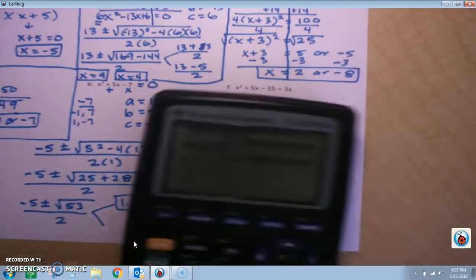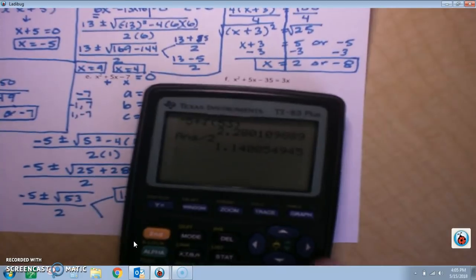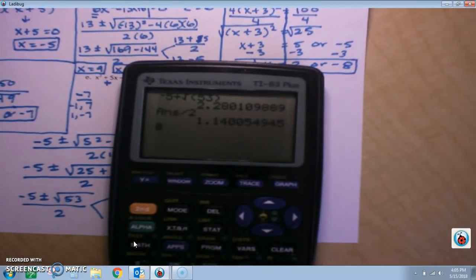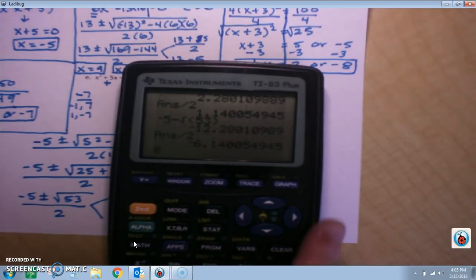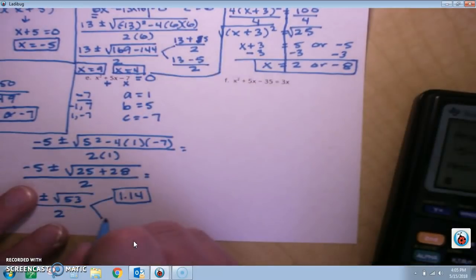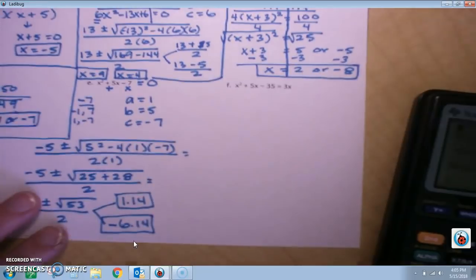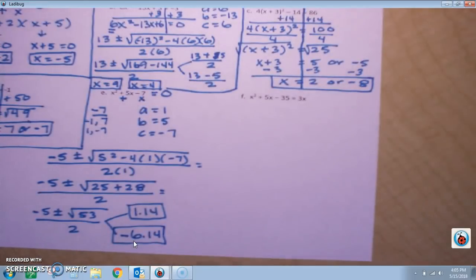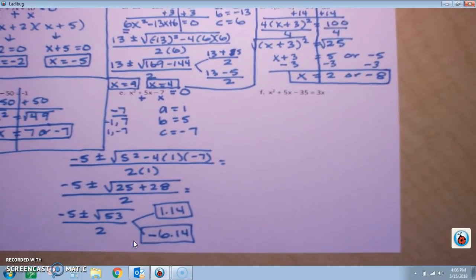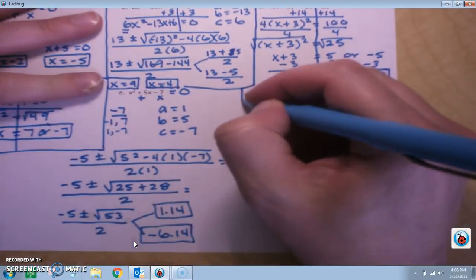And then the other one I would do, negative 5 minus the square root of 53 equals, and then divide that by 2 as well. So negative 6.14 would be my other answer. That was a good example of why the quadratic formula was a better option, because we got decimals for that, and you can't factor and get the decimal answer.